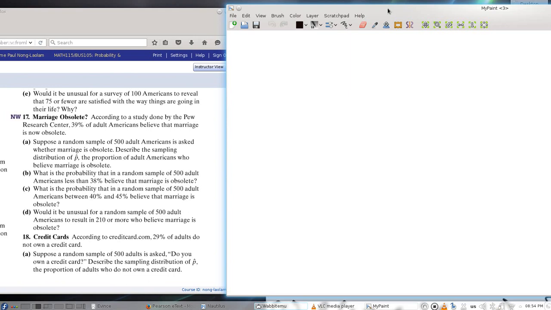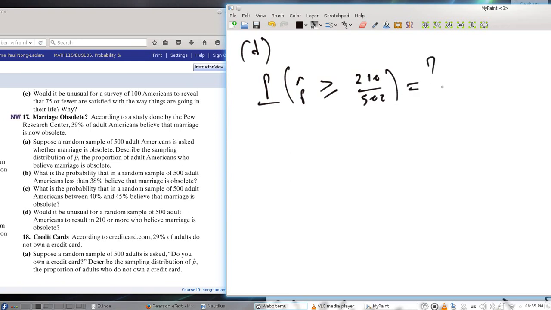So let's take a look at this problem here. Part D, we want to find out the probability of P hat is at least greater than 210 over 500. We want to find out if that is unusual.